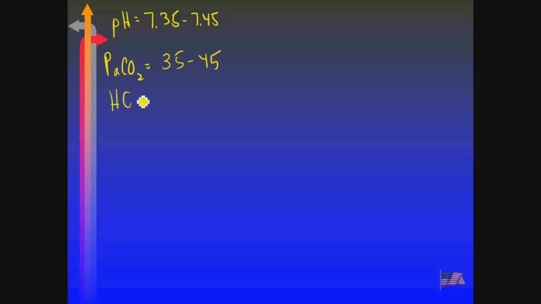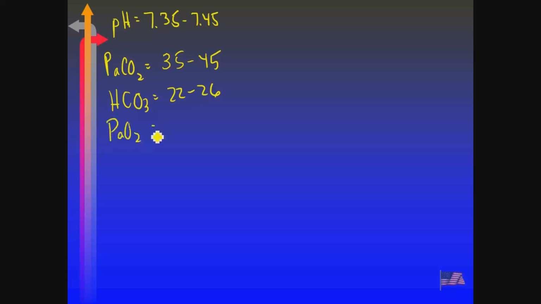So let's go back. First of all, let me go back and make sure we have all of our normal values. We just said this is the normal value for pH in the blood. For arterial carbon dioxide level, 35 to 45. Normal bicarbonate level, 22 to 26.